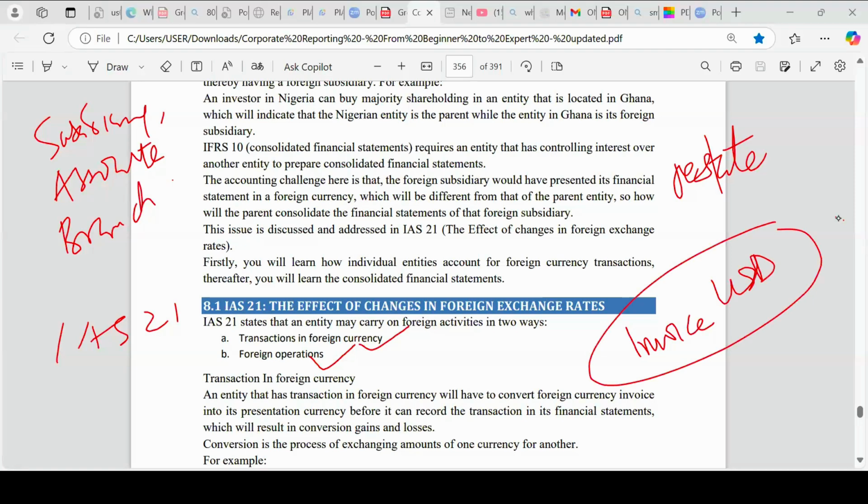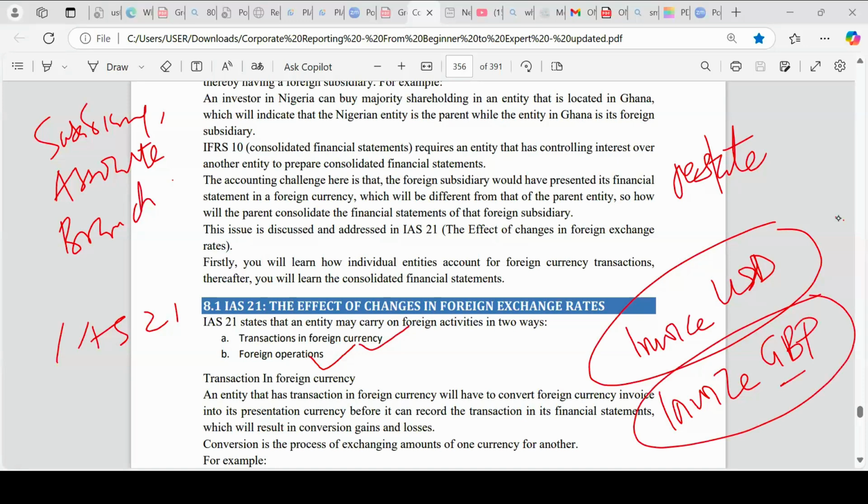Or we had dealings with a company in United Kingdom, and let's say we invoice another company in UK. We were smart enough to invoice them in GBP. However, the transaction has taken place. Our expectation is that we are going to receive our money in Great British pounds.